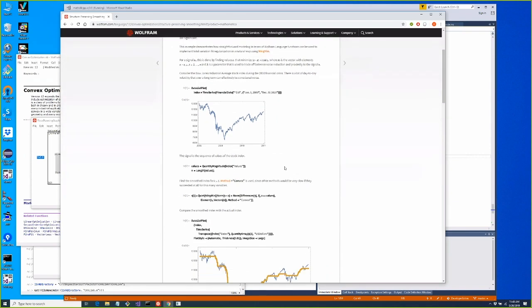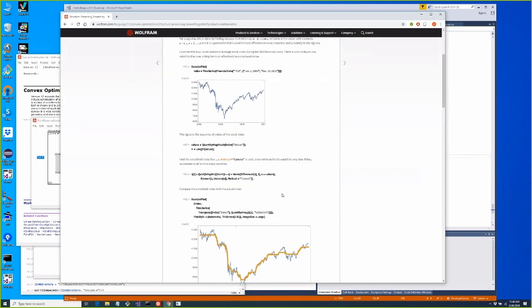So what we're going to do is effectively a fit to this signal. We're going to find a model function that fits this signal, with regularization.